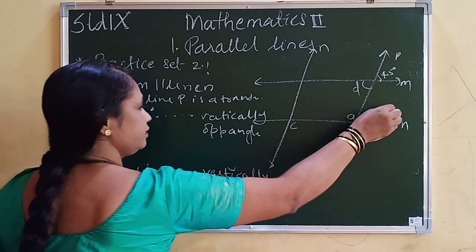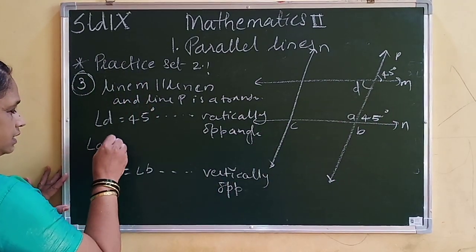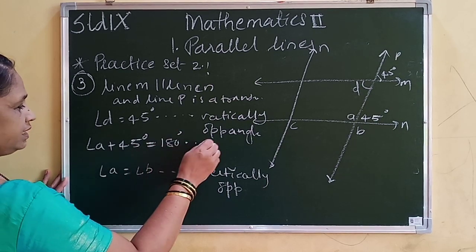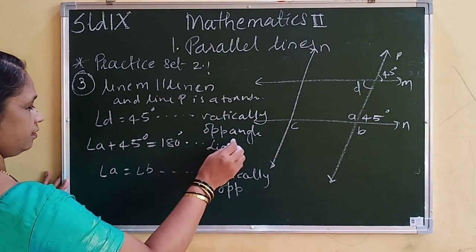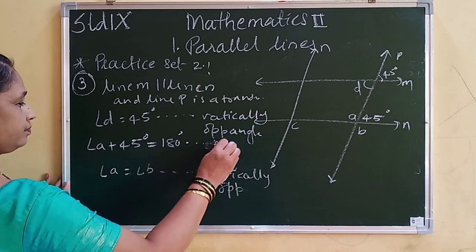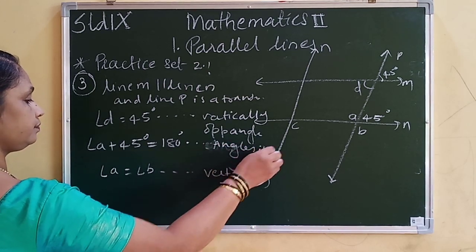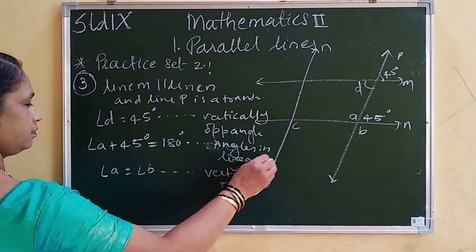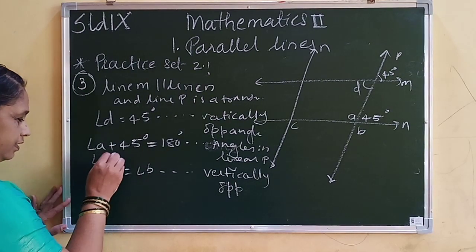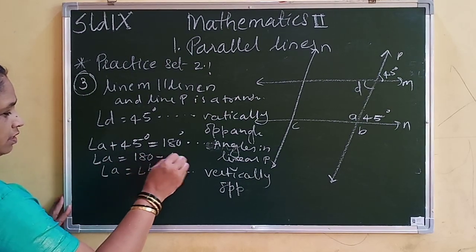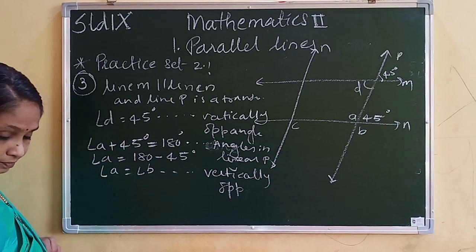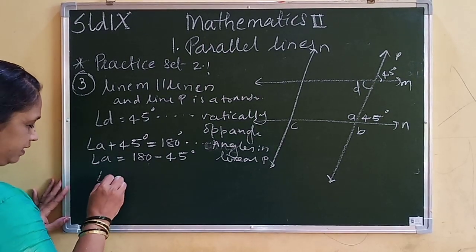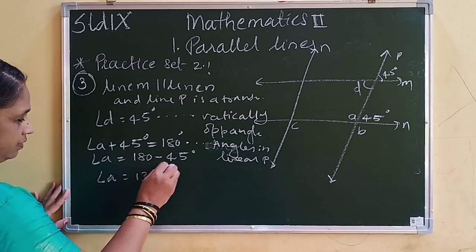So here you have to write angle A plus 45 degrees is equal to 180 degrees, the angles in a linear pair. So angle A is equal to 180 minus 45. Angle A is equal to 135 degrees.